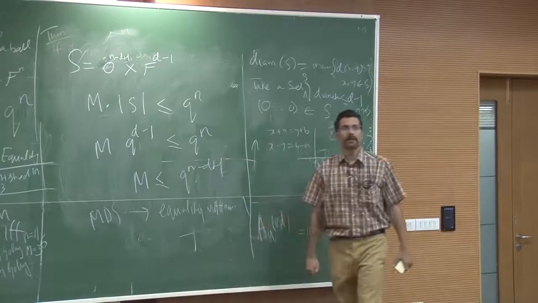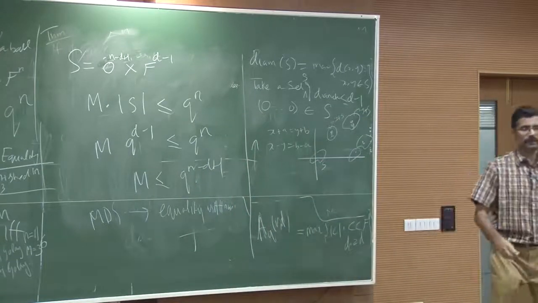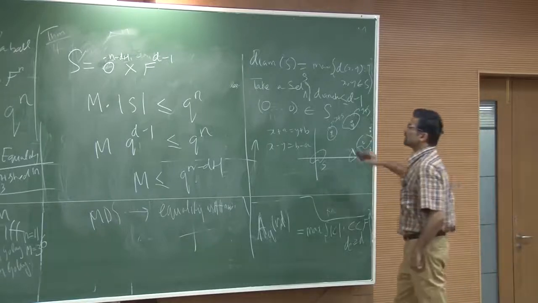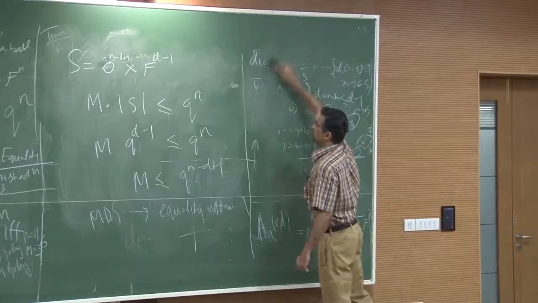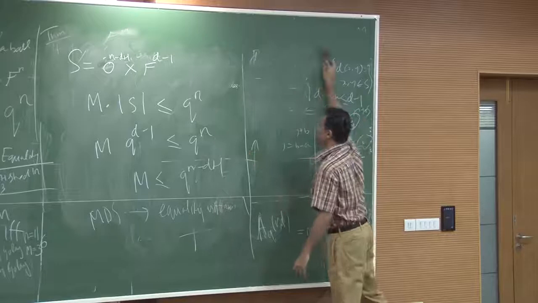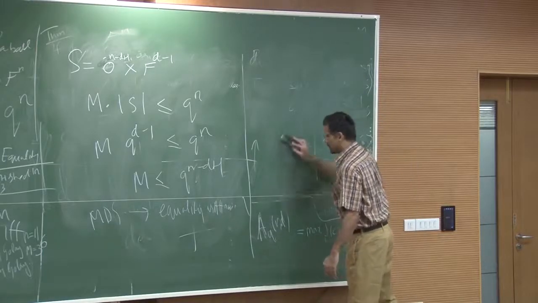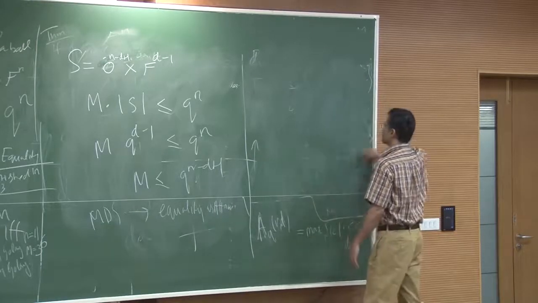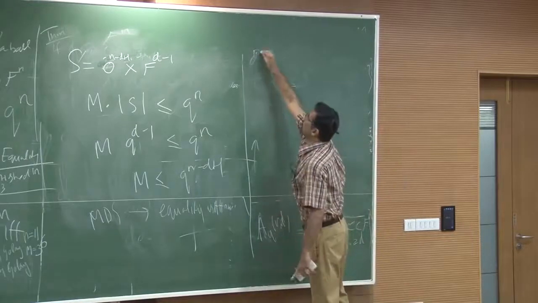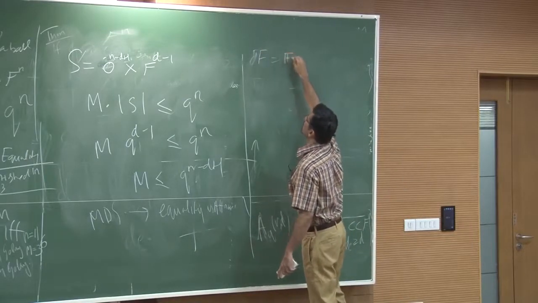Okay, so let me make it more interesting. So far we have been looking at the alphabet being of size some q, which is a natural number. Now we will jump to the case of linear codes. So your F is a finite field.